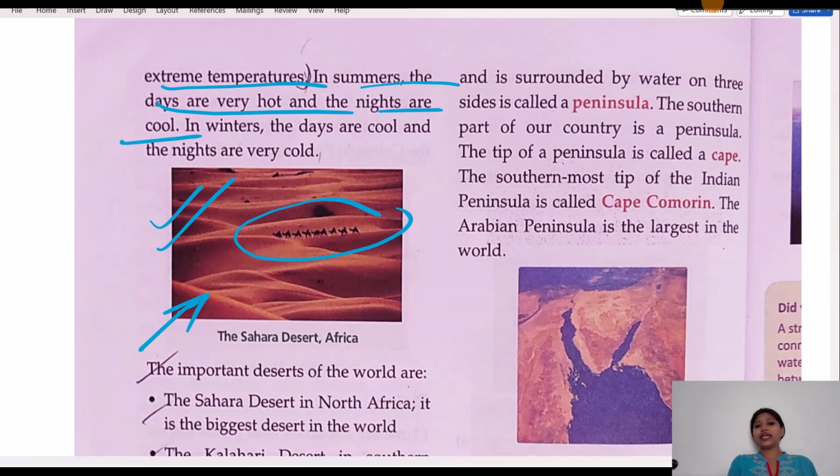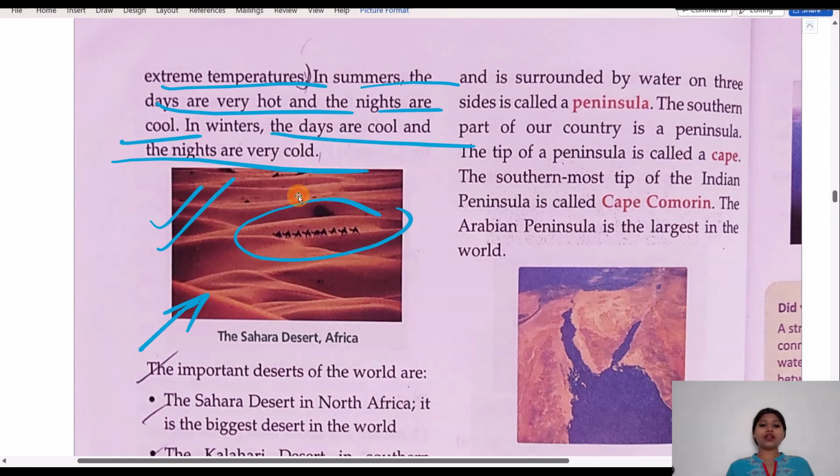In summer, in a day very hot, but in night full opposite, the area is full cold. In winter days are cool and the night is very cold, and in winter days that area is cool and night is twice डबल तरीके से वहां पर कूल रहता है.